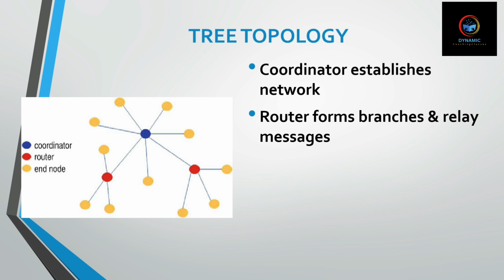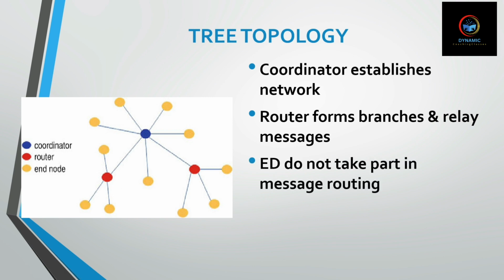So the router forms the branches of the tree and relays the message, and the end devices act as the leaves of the tree. The router relays the message, but the end devices do not take part in message routing.